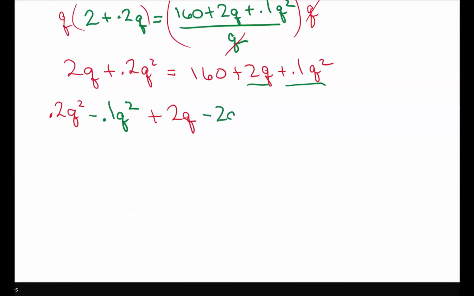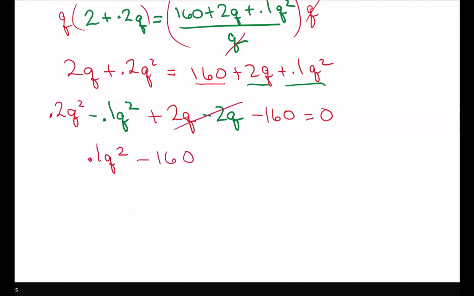Plus 2Q minus 2Q, and the last thing I have to do is subtract 160. That equals 0. Simplify, I get 0.1 Q squared. The middle term cancels.